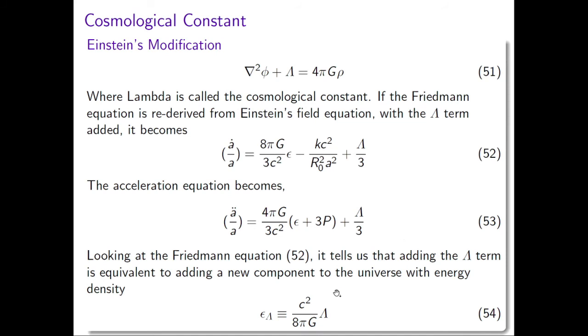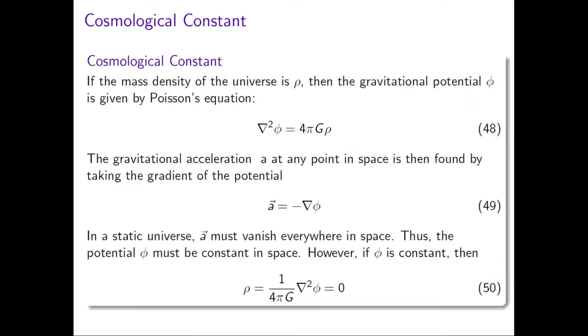This is not a good equation, because it says the mass density of the universe is 0. That means there are no particles to exist. Well, Einstein, you have got a steady state universe.